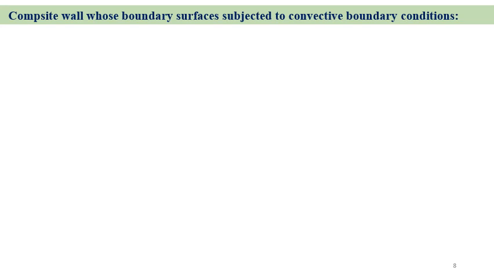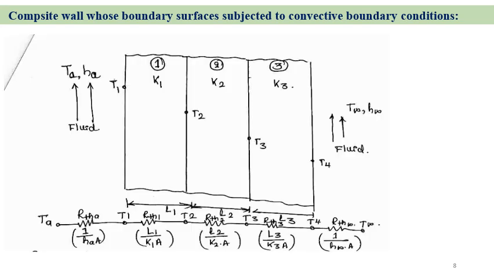Next, we will discuss a composite wall whose boundary surface is subjected to convective boundary conditions. Let me consider a composite wall made up of three materials 1, 2, 3, where K1, K2 and K3 are the thermal conductivities of materials 1, 2, 3 respectively, and the materials have different thicknesses L1, L2, L3.